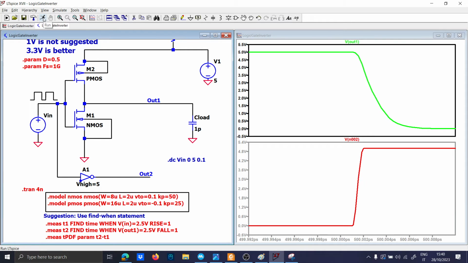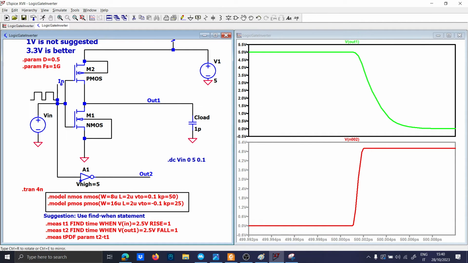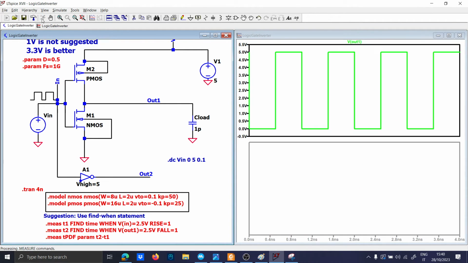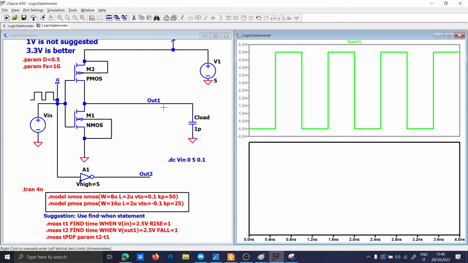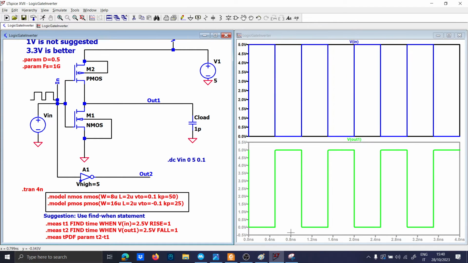Let me run the simulation. This is V of in. This is the input voltage, and this is the output voltage.